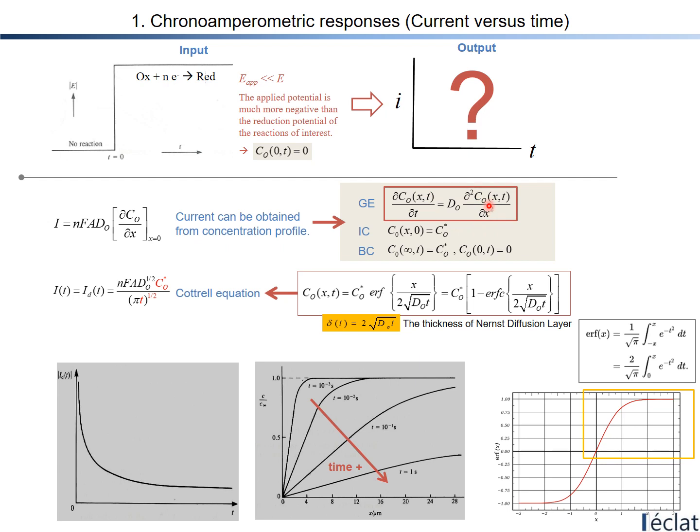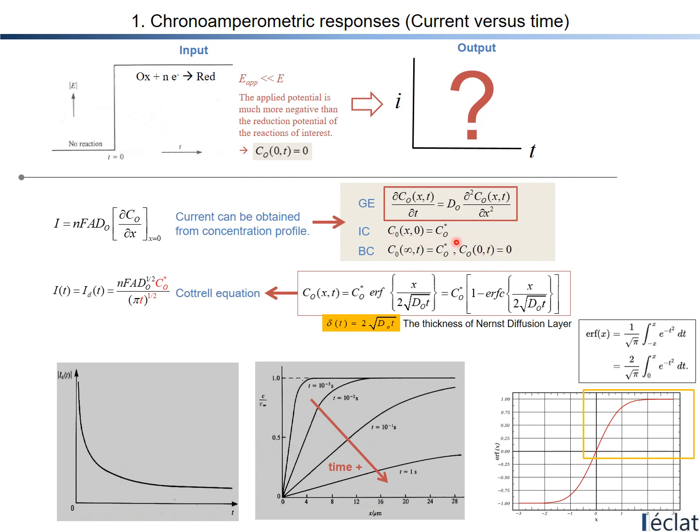This PDE is first order in terms of time and second order in terms of x. So we need a single initial condition and two boundary conditions, at x equal to infinity and at x equal to 0.